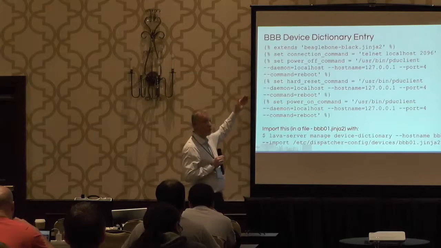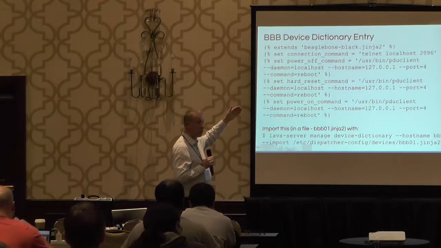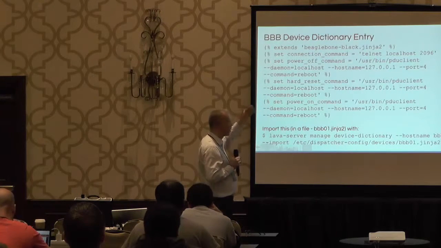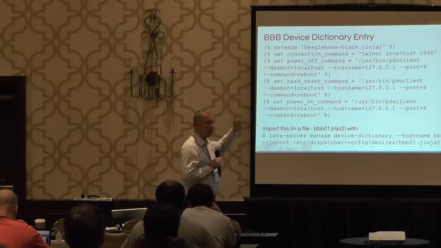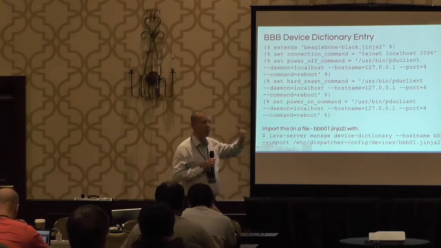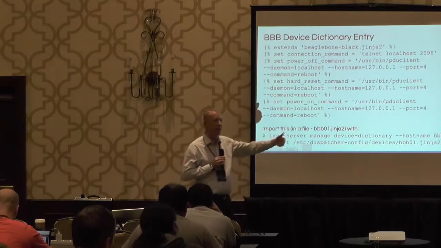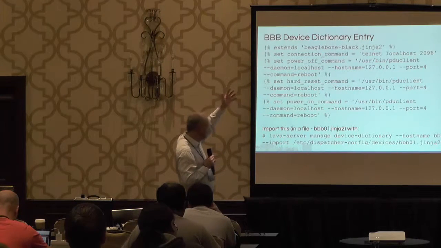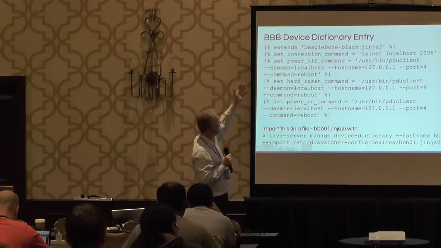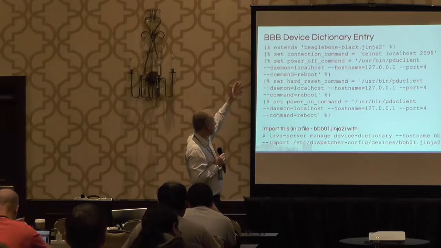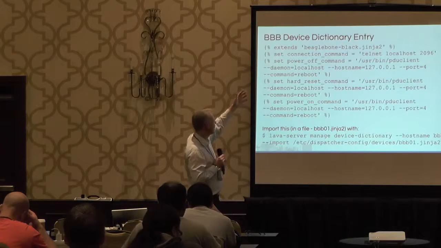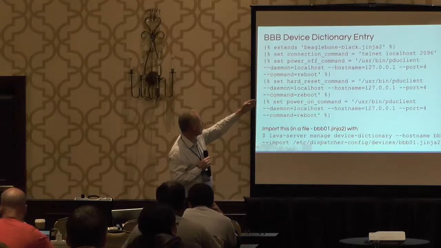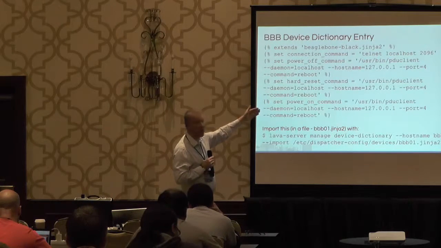So this is what a device dictionary entry looks like. It's Jinja. If you look at the template files that I've also been describing, they're written in the same syntax. And the syntax allows you to specify what can be overridden at a later stage in the hierarchy. Aside from a few details of the architecture of the language, you've got a connection command, which is the telnet connection, and you've got a power off, hard reset, and power on command.